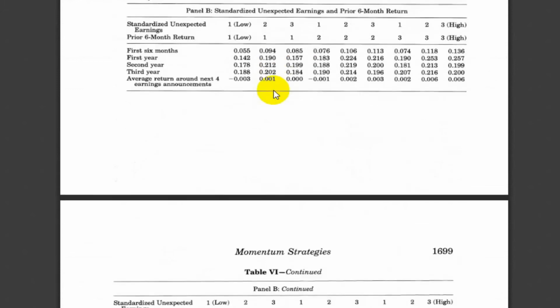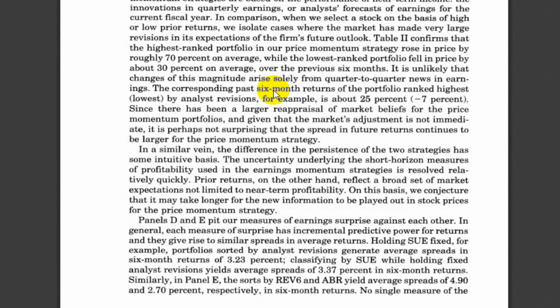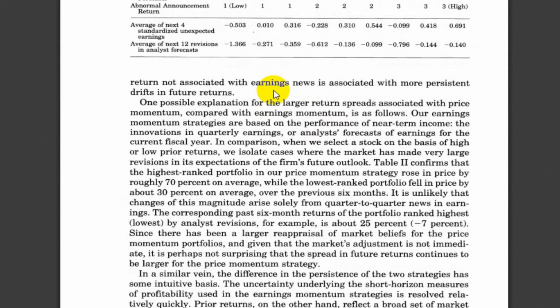So the authors offer a possible explanation for why this is occurring, so let's take a look at it. What they explain here is that the earnings momentum piece is very much isolated towards near-term effects of income. So for instance, the quarterly earnings or the analyst forecasts over the past 6 months and so on.